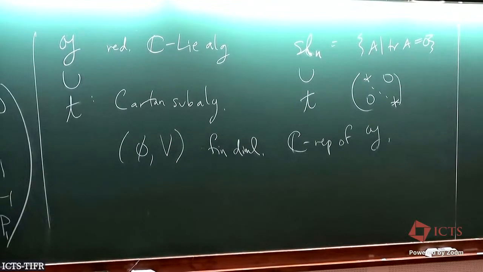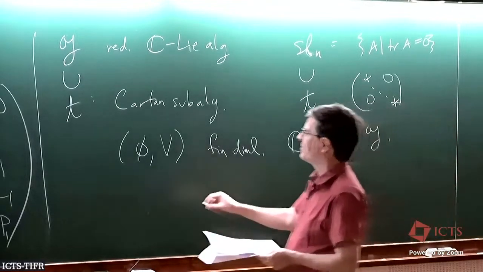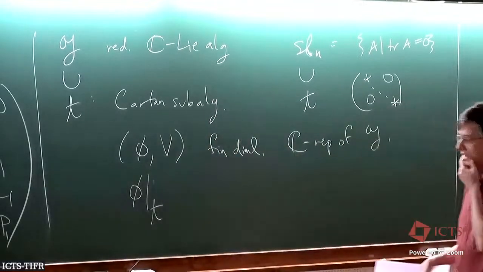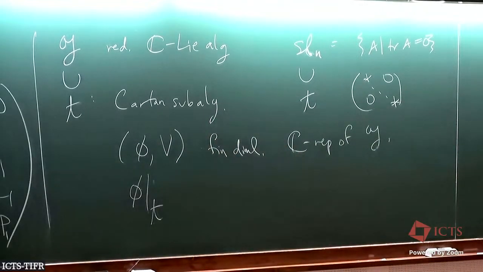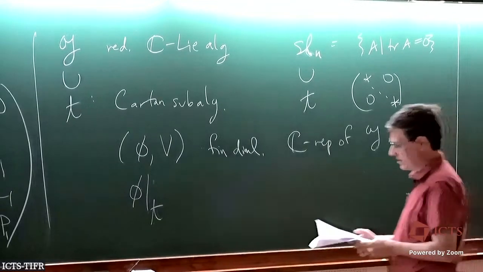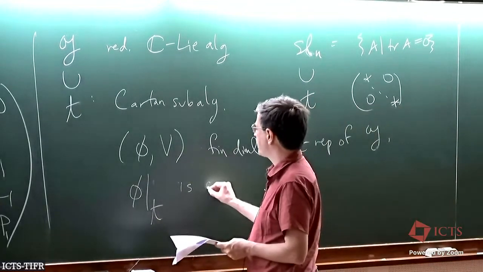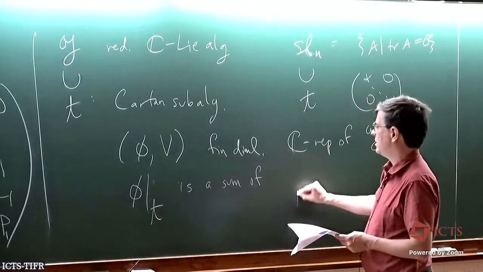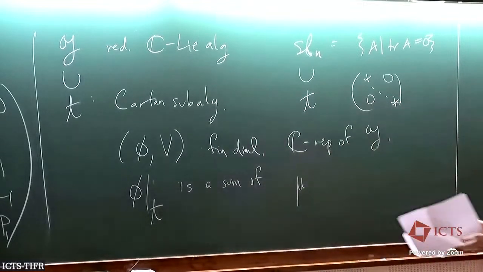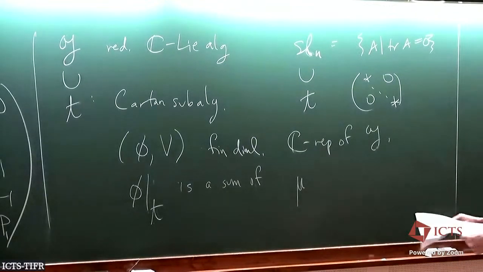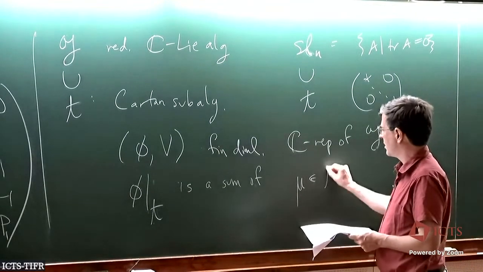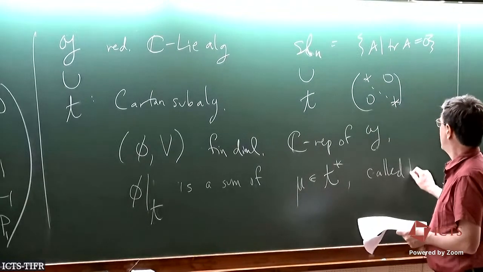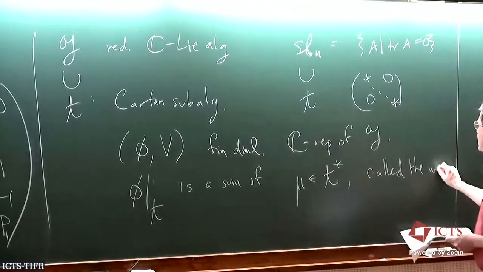Okay, so when I restrict phi to t, I get a sum of various irreducible representations of t, which will be one-dimensional, called the weights.